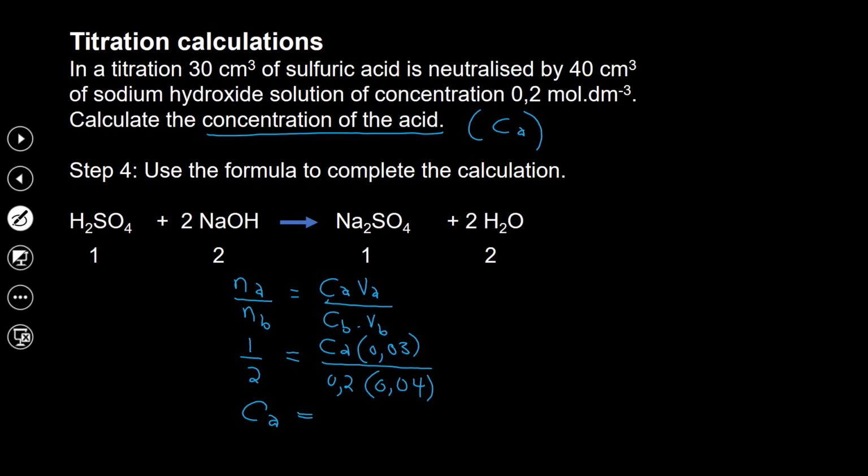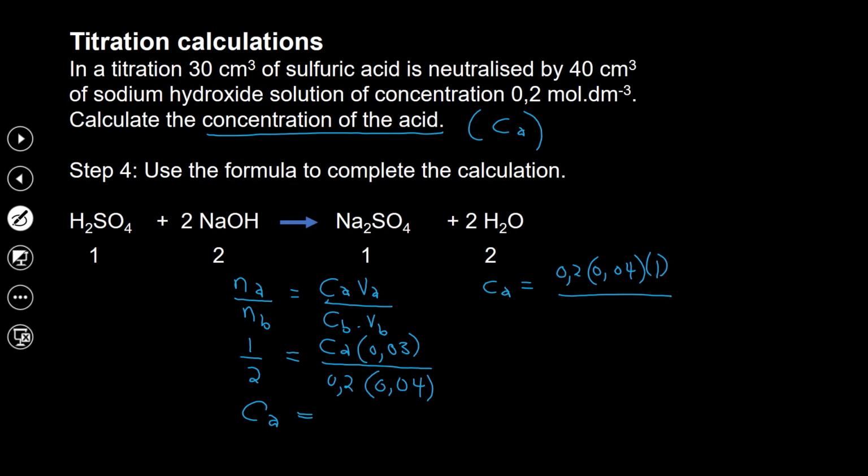So the concentration of acid in this case, if we cross multiply, it will give us something like Ca is equal to 0.2 multiplied by 0.04. If you multiply that by 1, it won't change anything.